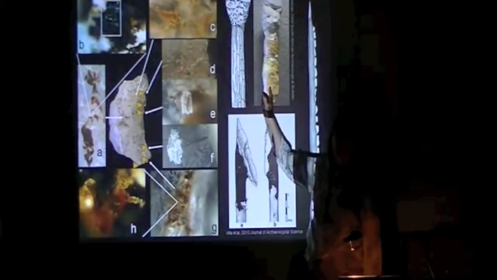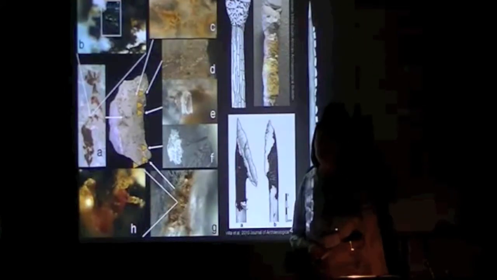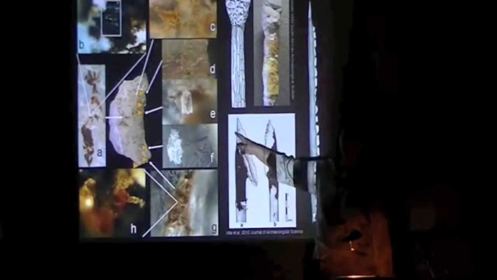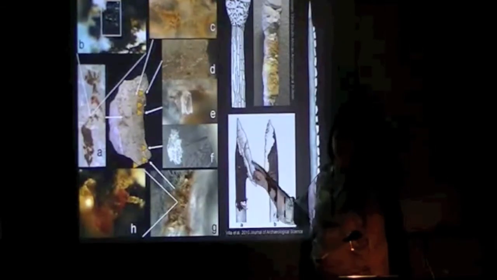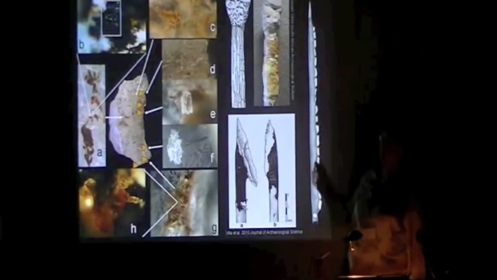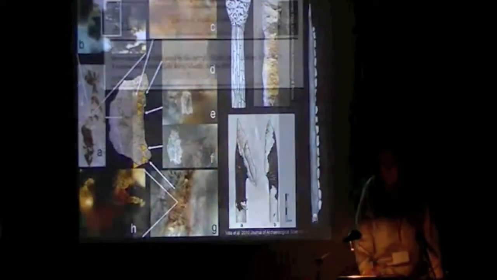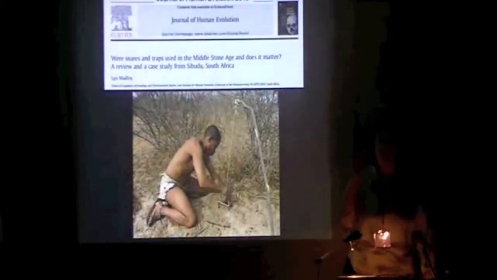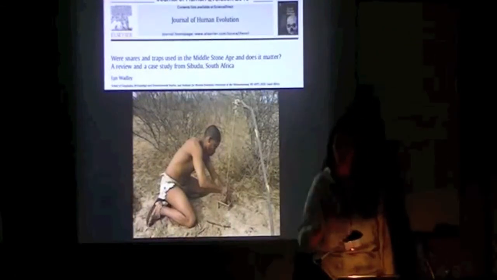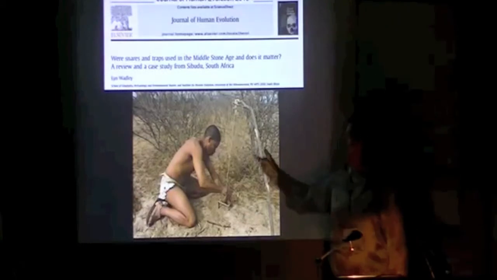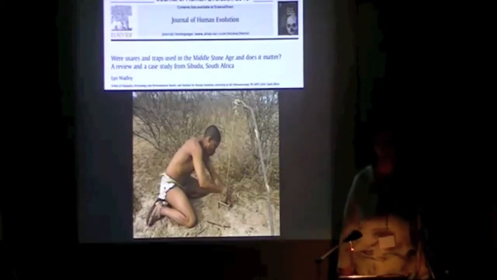This is an archaeological example, 2,000 years old, from Adamskrans, excavated by Johann Bennemann. It was not hafted in any of these ways, or like the Australian death spear. For the same time, in the same context, Lynn Wadley has published evidence of snares being used.